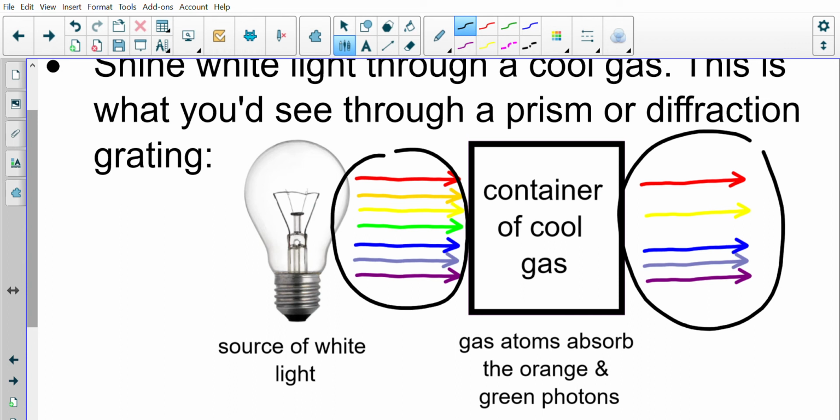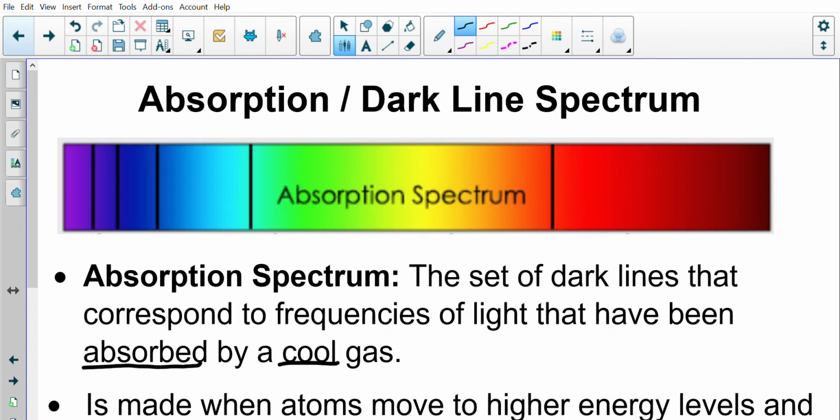You're going to have some colors of the rainbow, but where orange was, you're going to have darkness, and where green was, you also have darkness because the color is missing. So that's exactly what you see here. If we look back at the absorption spectrum, all of the colors of the rainbow are there, but there's darkness, and the darkness is because those colors were absorbed by the cool gas.